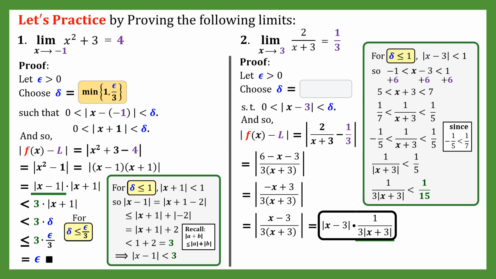Returning to our original product, we can now say that this product is less than the absolute value of x minus 3 multiplied by 1/15. Again, recall that the absolute value of x minus 3 is less than delta.